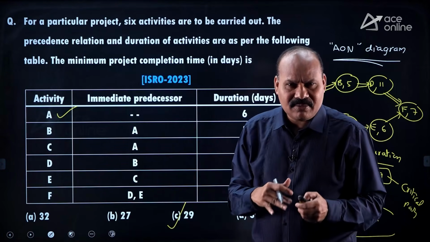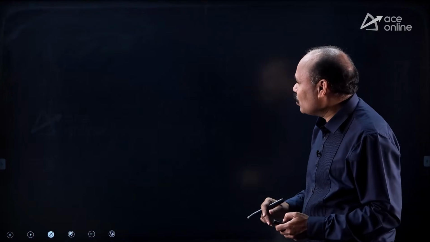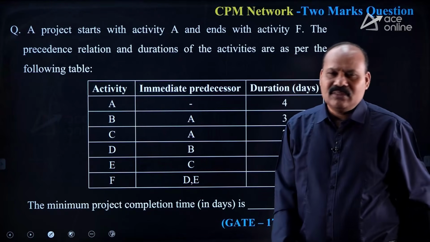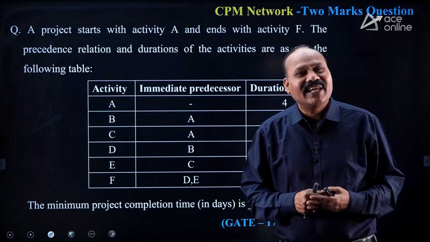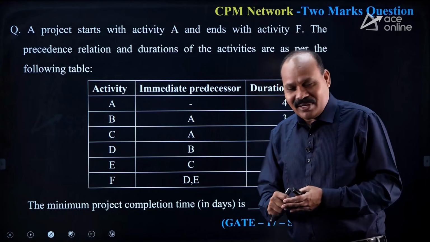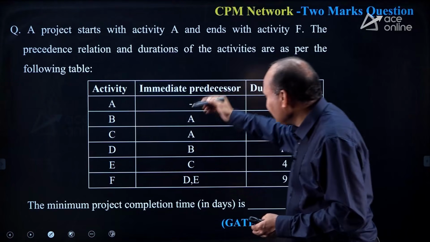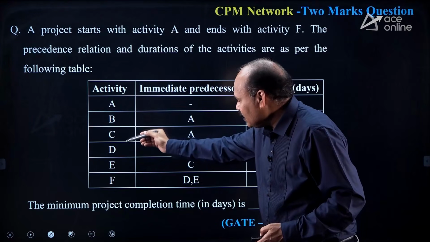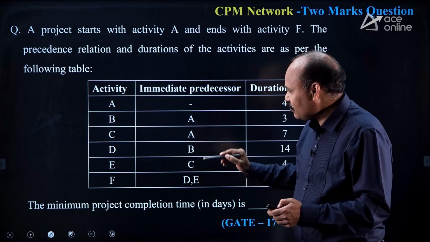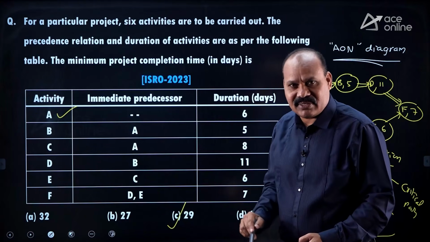Just for your information, I am giving one more question. Just look at this. This question is from GATE 2017. Sir, why are you giving GATE 2017 right now? Yeah, just go through this once. Activity, predecessor, duration: A, B, C, D, E, F. There are 6 activities.